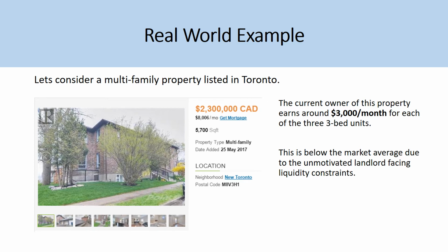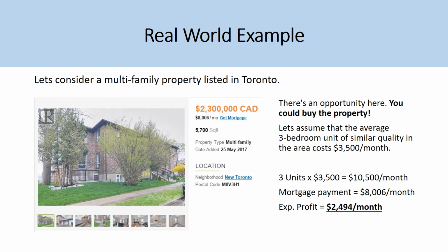Now this is hypothetical. I'm not too sure what the actual real numbers are, but we'll keep it simple. We'll assume that it's below the market average due to an unmotivated landlord, maybe facing liquidity constraints, or he's getting old and doesn't really want to manage the property anymore. So really he's not performing to market expectations, and he's not actually maximizing the potential cash flow from this property.